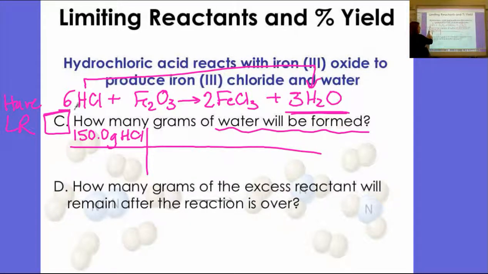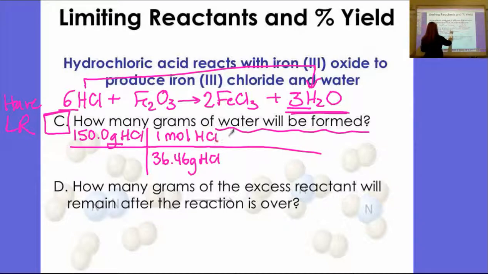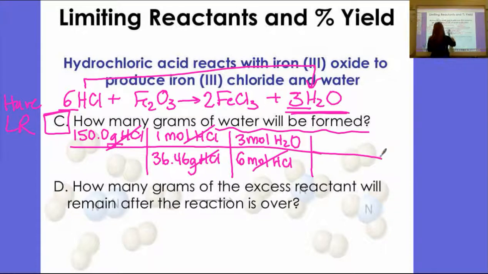My mole ratio is going to be 6 to 3, but first I'm in grams, so I need that molar mass of HCl again, which was 36.46 grams in 1 mole. Now I can do my mole ratio. The 6 has to go on the bottom, and the 3 goes on the top. Why? Moles of HCl cancel with HCl, but it wants to know how many grams of water will be formed.